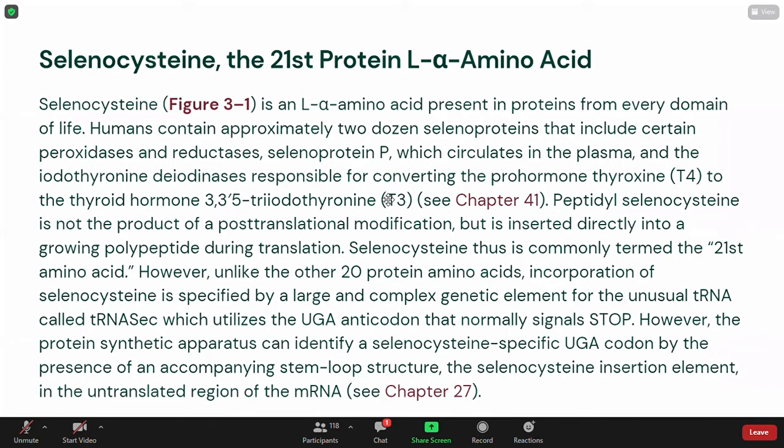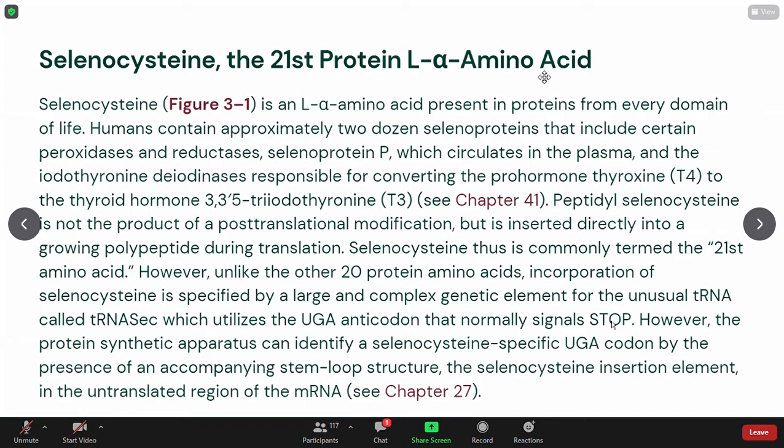Now, although this selenocysteine is not coded in the DNA, it is, however, coded in the unusual tRNA, transfer RNA, called tRNA-Sec, transfer RNA selenocysteine, and uses UGA as an anticodon, in which normally UGA is considered as a stop codon.